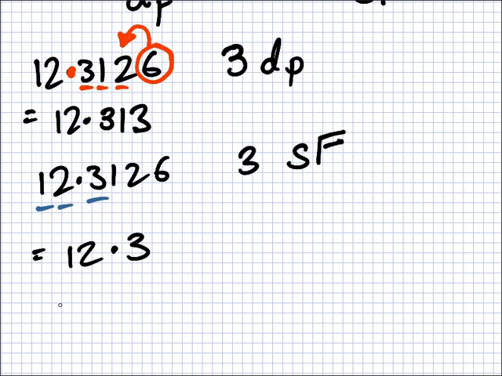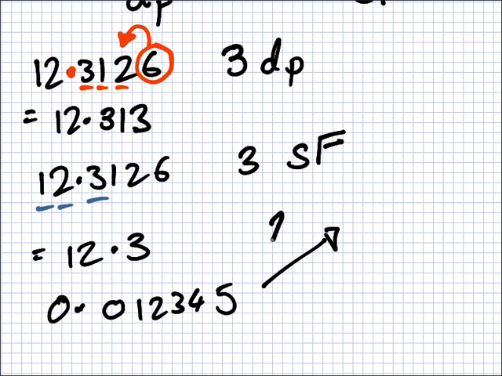A little bit harder. Suppose I said 0.012345, and let's have a look at 2dp, and let's do 2SF. So 2 decimal places, what would that be?